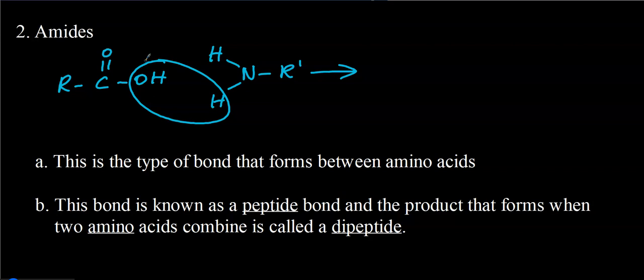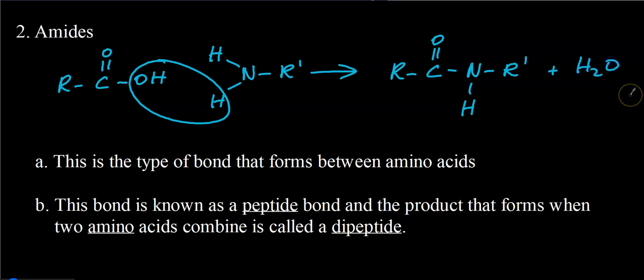And then our product looks like this. That's an R. Let me try that again. So we end up with something like that, along with, of course, our inorganic product, water.